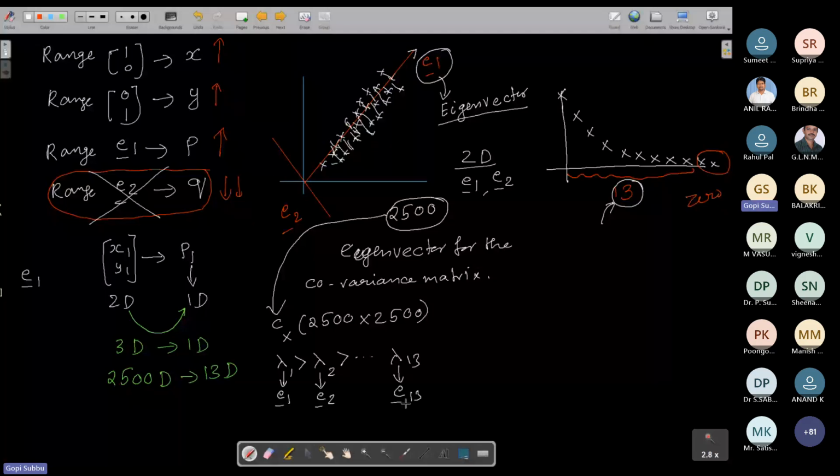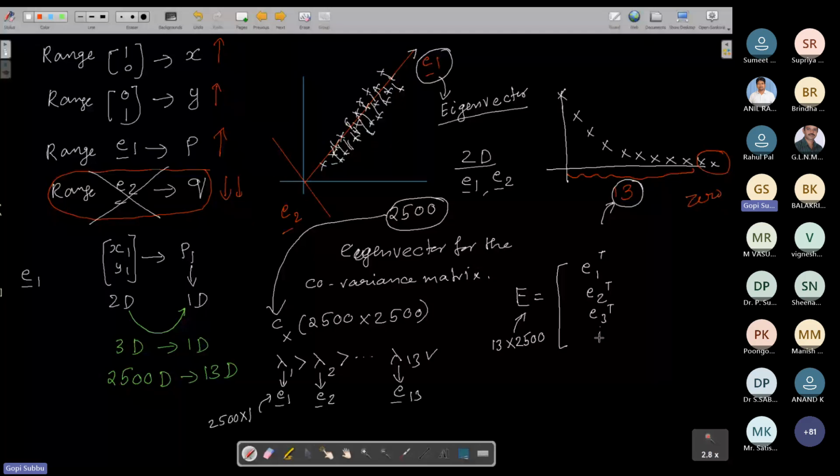Then you form a transformation matrix E which maps 2500 to 13, so its size is 13 cross 2500. Each eigenvector is of size 2500 cross 1, because we have a covariance matrix of size 2500 cross 2500. Eigenvalues are scalars, and you are finding these eigenvectors. You arrange them row-wise.